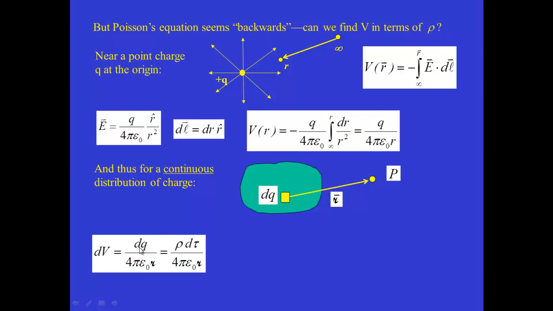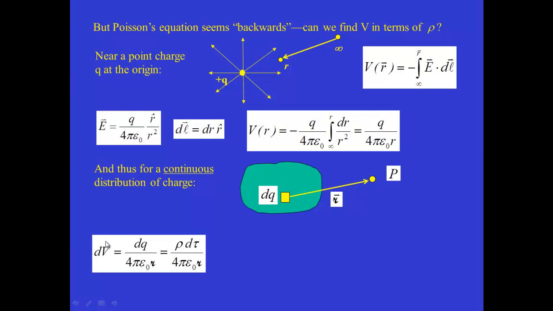And of course, that's going to be dq over 4 pi epsilon naught script r. The reason we use script r here is that the charge is not located at the origin, and so we just need the distance from the element of charge to the point P.